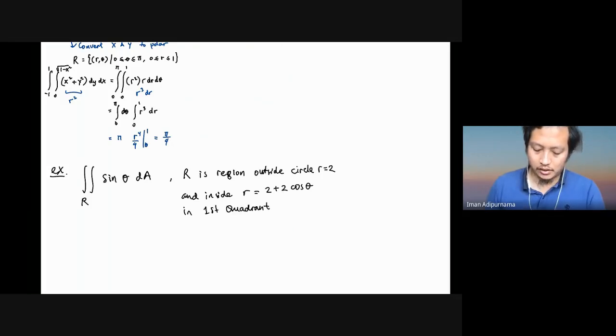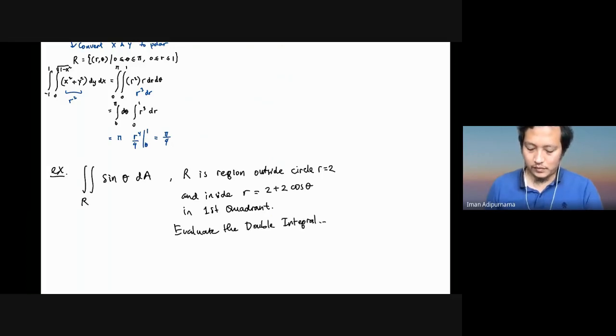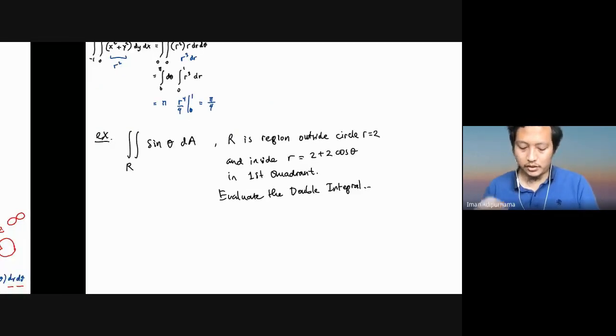So that's the R. So evaluate the double integral. Okay, do you want to try? So yeah, you can try.